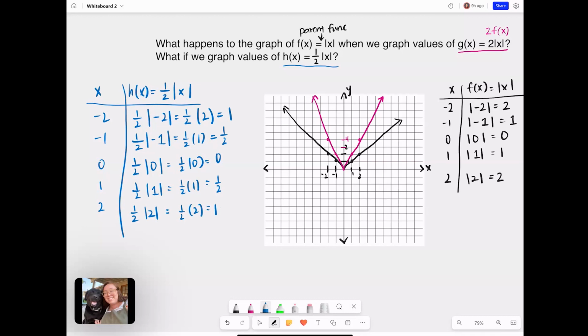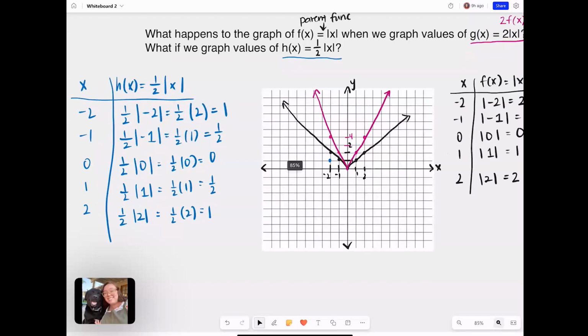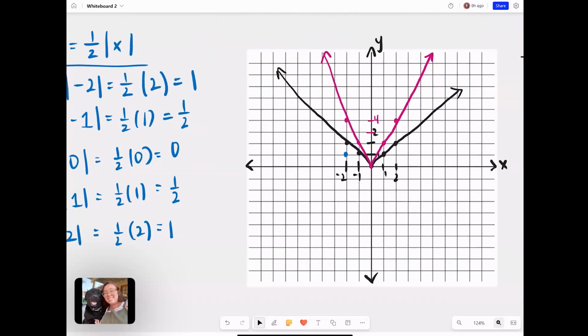Okay, so same idea. Let's graph. So at -2, I'm here, and I'm going to zoom in a little more. At -1, my output was this halfway mark, 1/2 here.